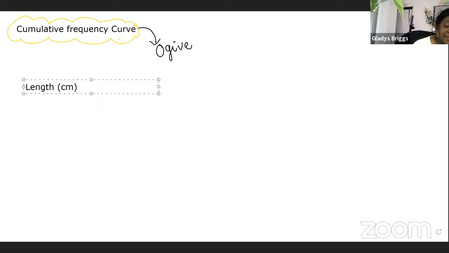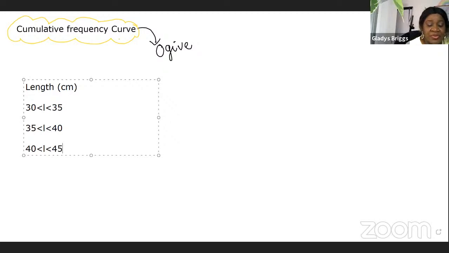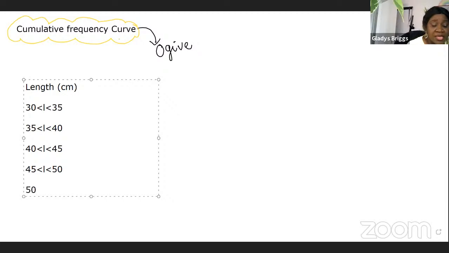We're going to say length is equal to L. Then you have 30 is less than L, less than or equal to 35. 35 is less than L, less than or equal to 40. 40 is less than L, and L is less than or equal to 45. 45 is less than L, and L is less than or equal to 50. 50 is less than L, and L is less than or equal to 55.